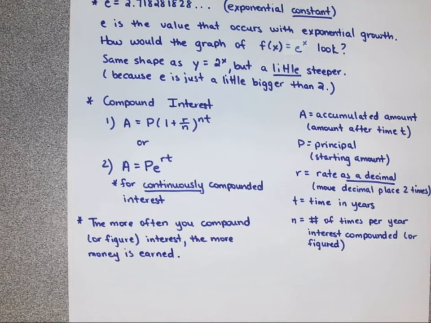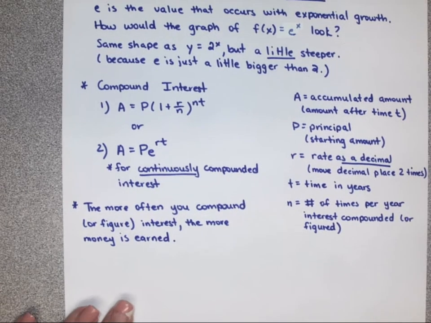So if you only compound the interest once a year, you're going to earn less money than if you compound the interest every week. It's going to make a difference because the interest is being figured and added more and more times. That's the difference.